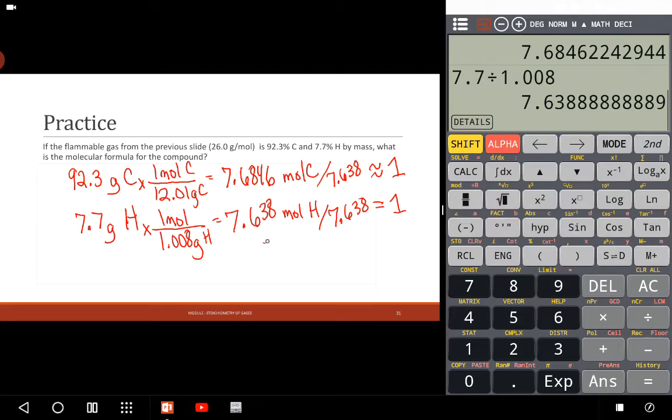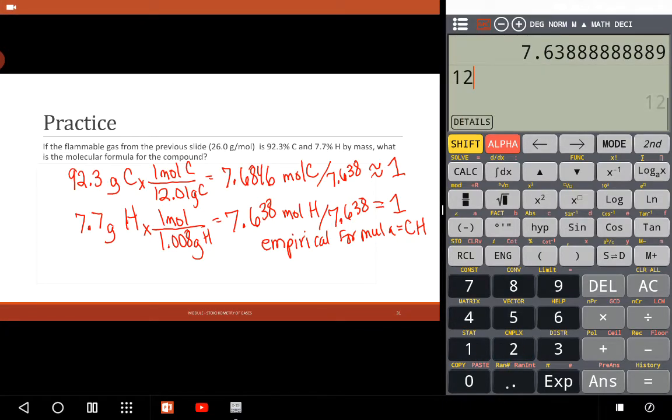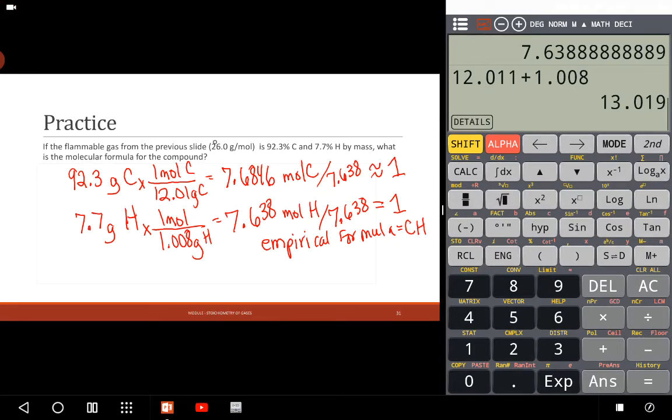So that means my empirical formula is CH, 1 of each. 1 carbon and 1 hydrogen have a molar mass of 13 grams per mole. And our molar mass was twice that.